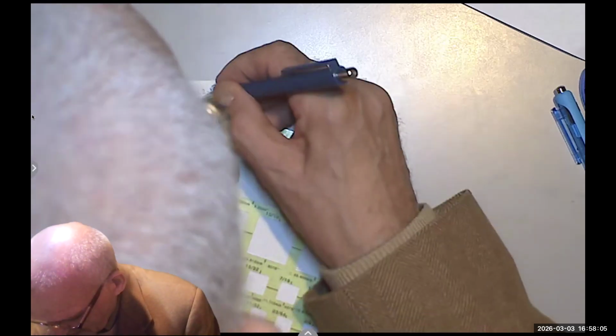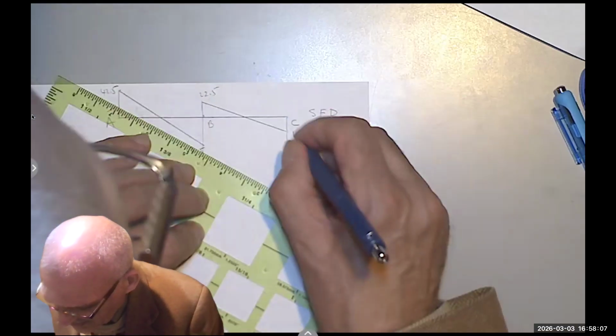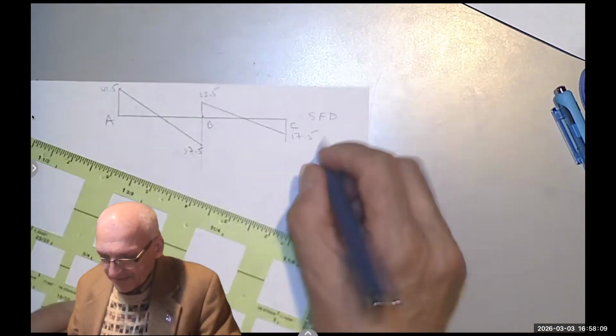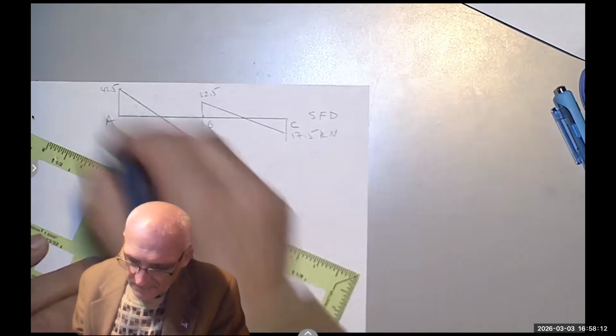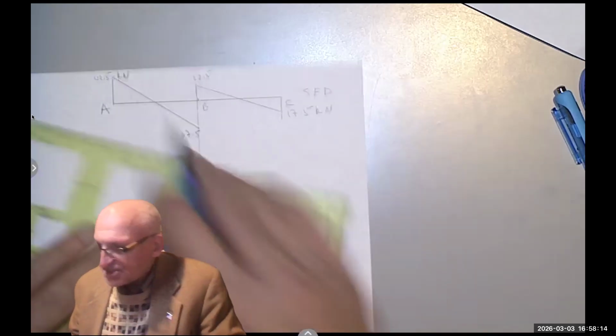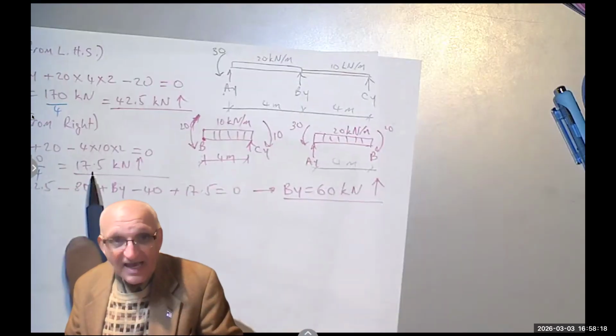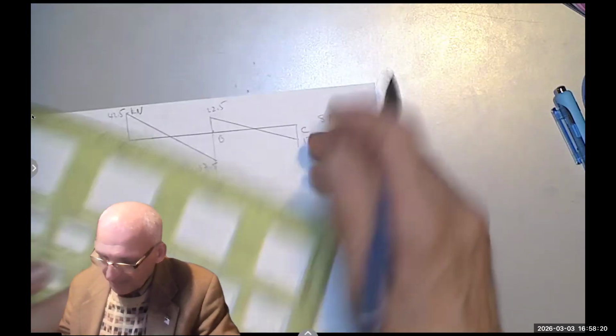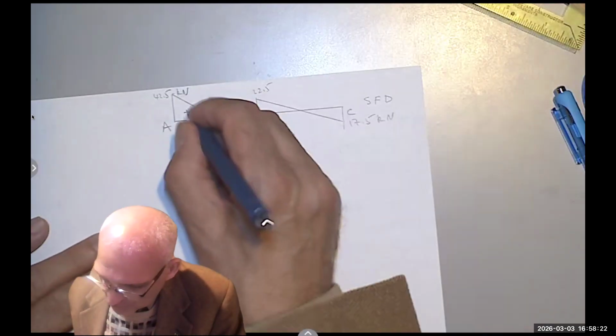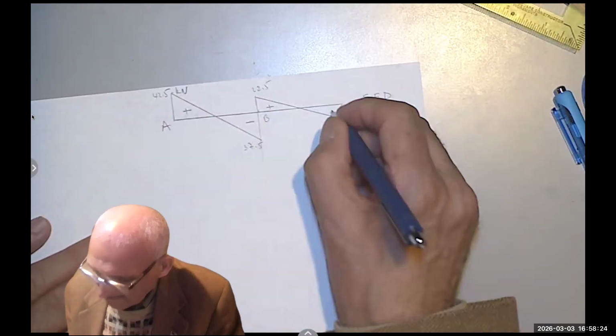Again, as I said, it's not to scale, so it doesn't really matter. To 17.5. Remember, the reaction at C was 17.5. And that would bring me to 0, so we didn't do any math error here.